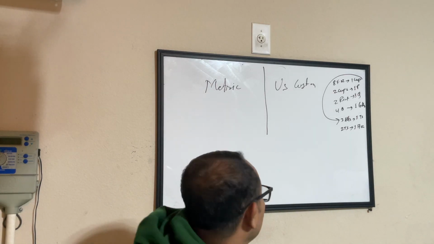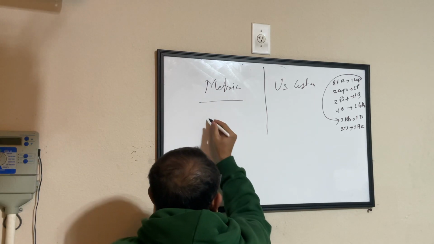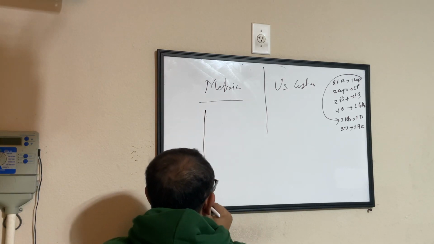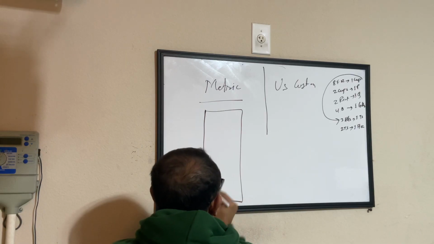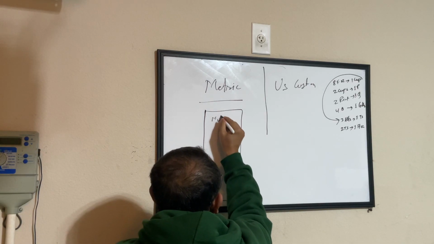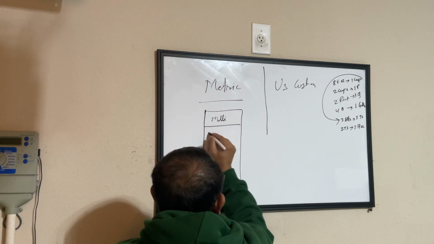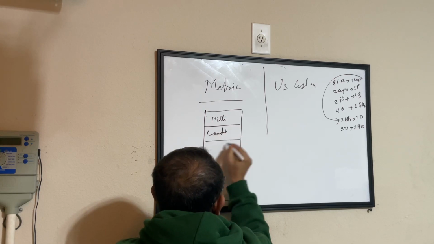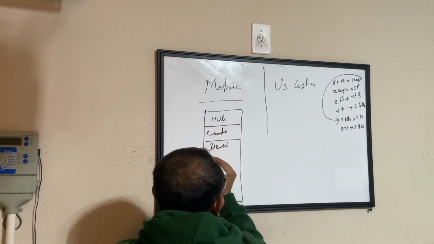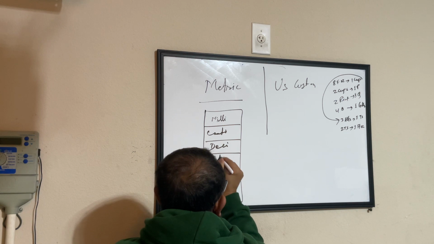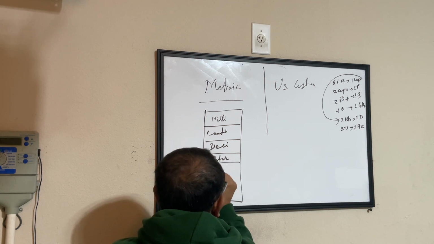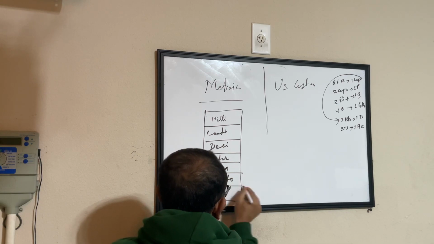Now, when you look at the metric system, there is one song that I ask everybody to remember, and that is called milli, centi, deci, meter, deca, hecto, kilometer.